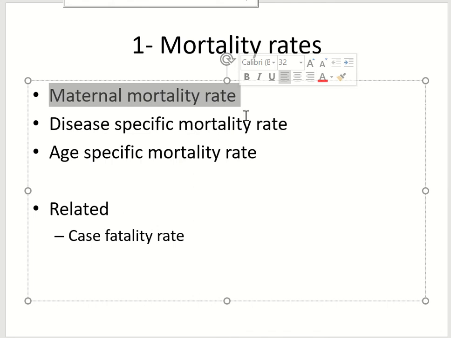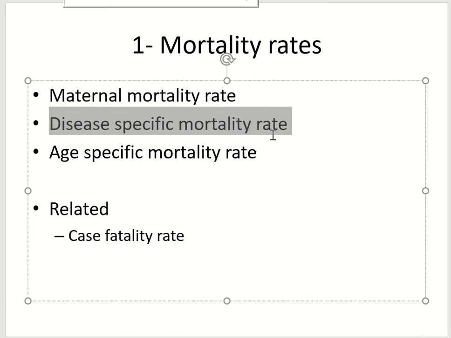That's the proportion of pregnant women dying, probably due to a complication. And they found out that maternal health is highly correlated with the health situation in general in a country, and therefore we looked at maternal mortality. Another type of mortality rate is disease-specific mortality rates.